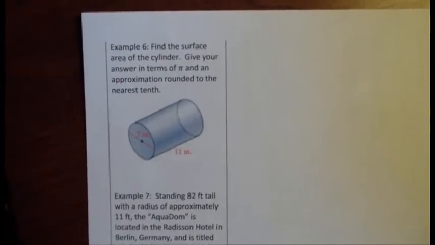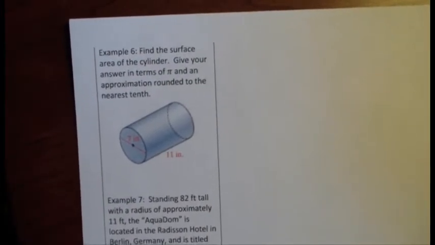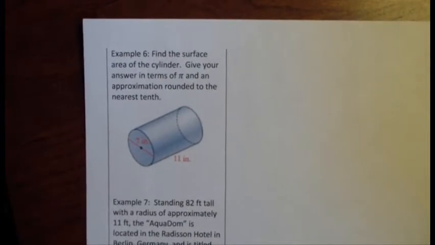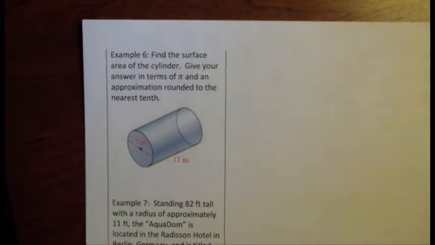Example 6. Find the surface area of the cylinder. Give your answer in terms of pi and an approximation rounded to the nearest tenth.